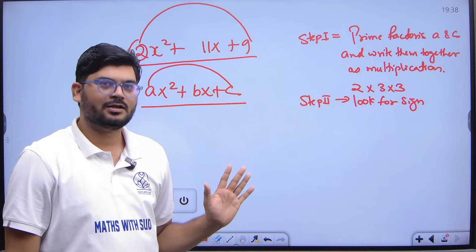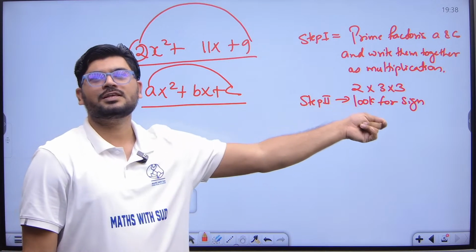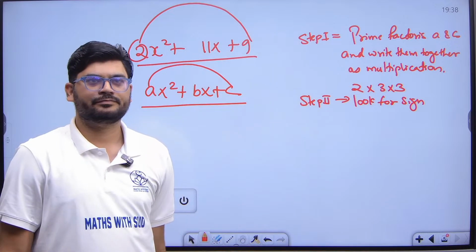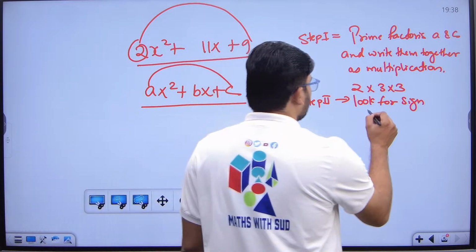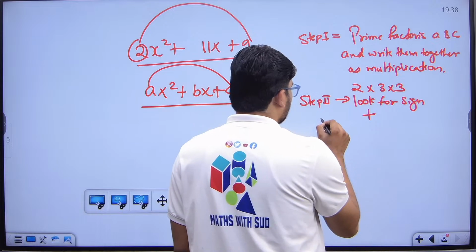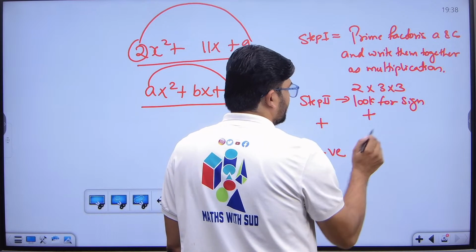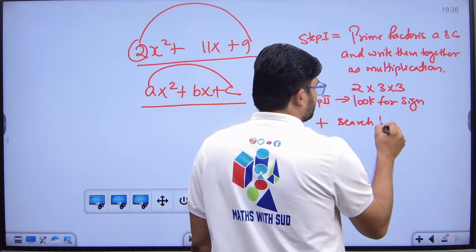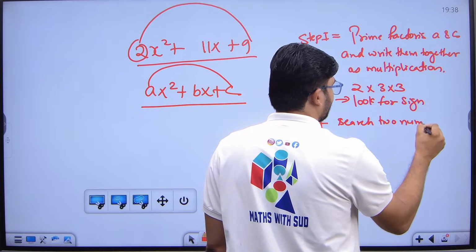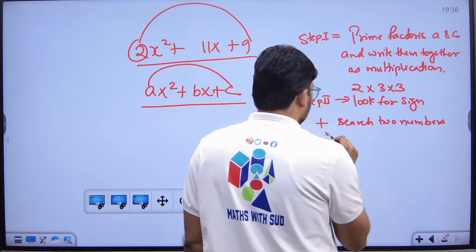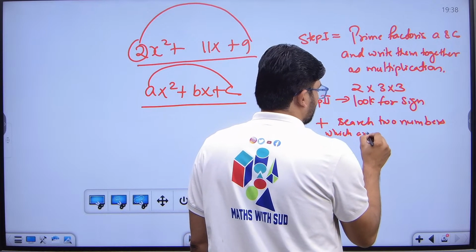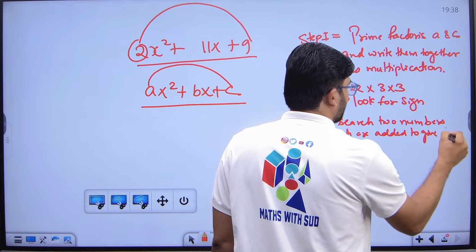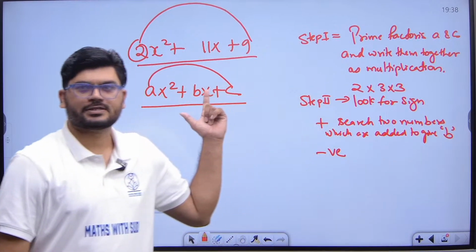Understood this part? The second step is to look for the sign. Whatever you have multiplied, look for the sign. Tell me, are they positive or negative? Positive. If they are positive, then in step 3 you have to search for two numbers which are added to give b, that means the coefficient of x.